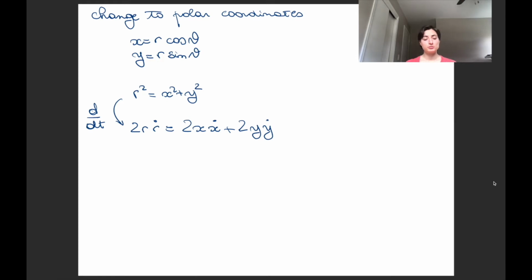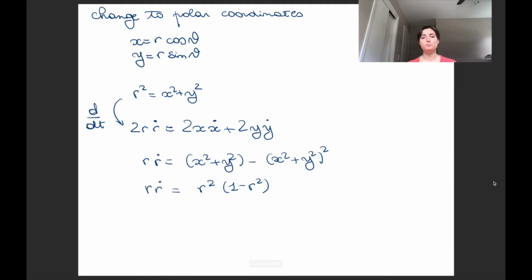Then we will try to find the derivative of r without going crazy on the change of coordinates. So we consider r squared equals x squared plus y squared. If you take the derivative with respect to time on both sides, you have 2r times r dot equals 2x x dot plus 2y y dot.